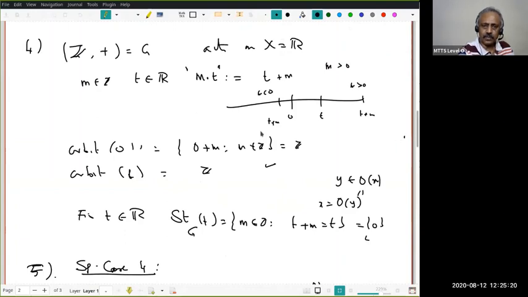Now let's come back to the example with the orbits we have seen. Orbits are: take any point and all the equidistant points. You understood? Now can you think of a good transversal for that?